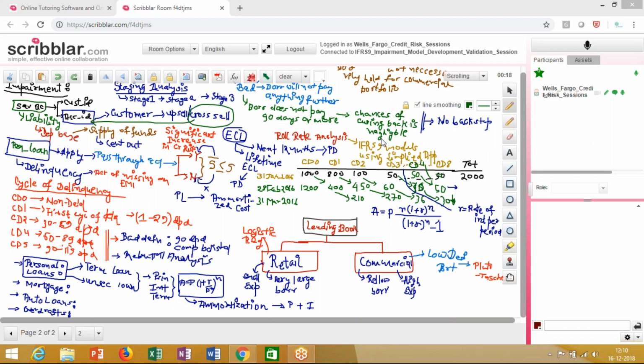Tanmay, can you come again on this roll rate concept? Yeah, I'm coming to this roll rate. The way it works is I'll just open an Excel sheet and show you how it works. Just give me a second.